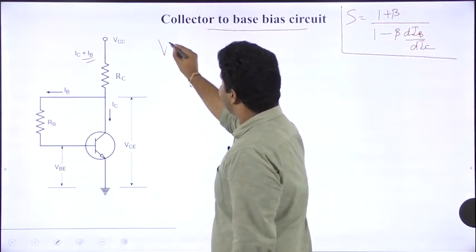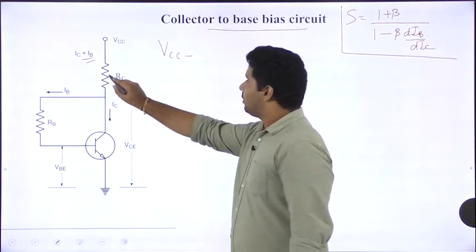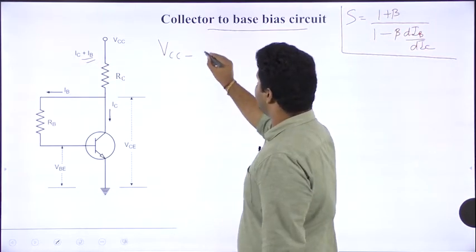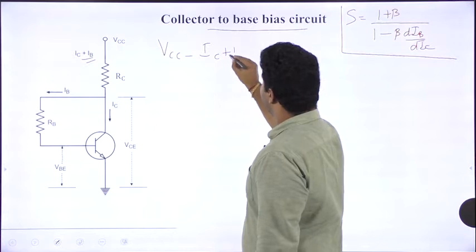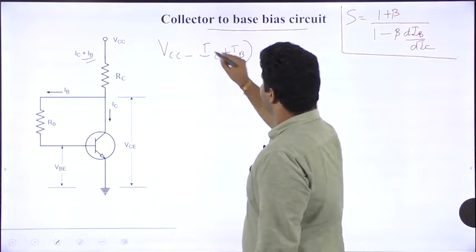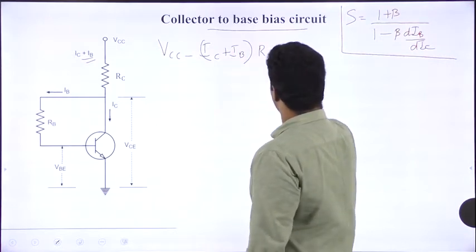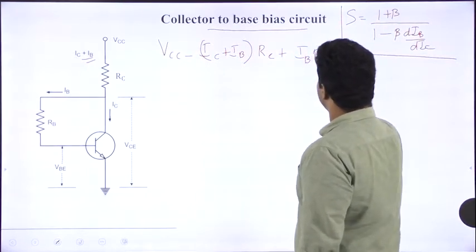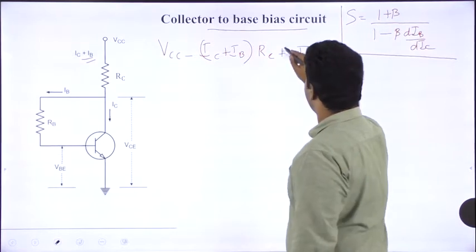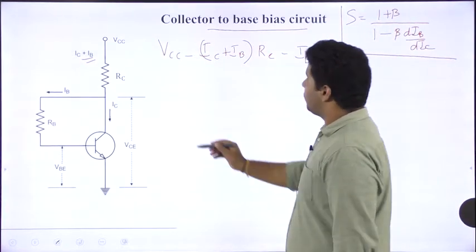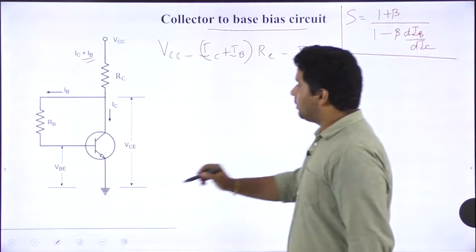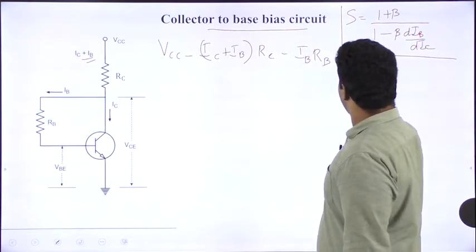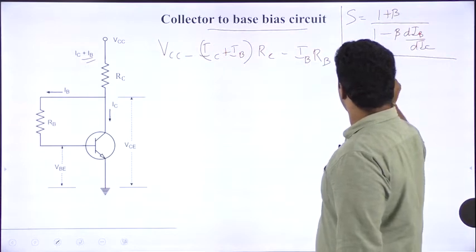It will be VCC minus the total current we have here. Now it is a combination of IC plus IB, so IC plus IB into RC, minus IB into RB, the drop across RB, minus VBE is equal to 0.